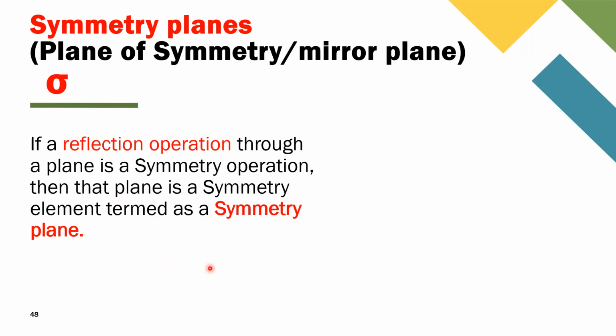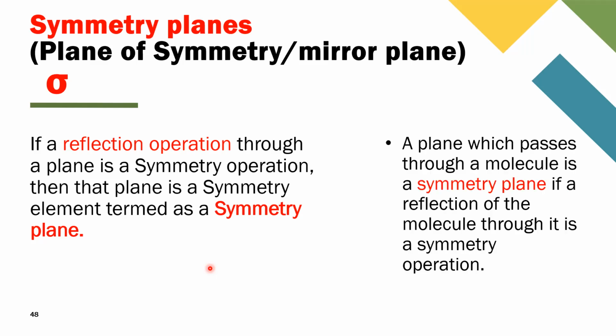Now, in the earlier case, rotation axis, we did the rotation. Now we do the reflection. Again, we can explain it like this: a plane which passes through a molecule is a symmetry plane if a reflection of the molecule through it is a symmetry operation. So in the case of the butterfly, if you keep a plane at the middle of the butterfly, you get two equal parts.